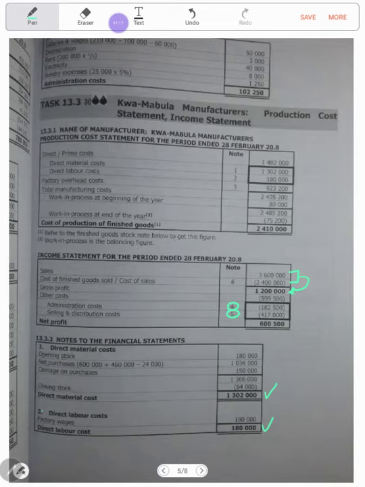We basically put those figures over there, and I've added it up to get other costs worth 599,500. I'm taking my gross profit, I'm subtracting other costs in order to get my net profit. I trust that this is clear.